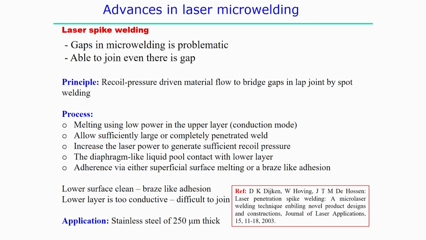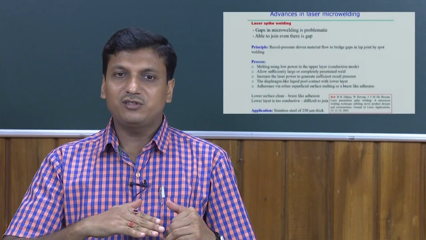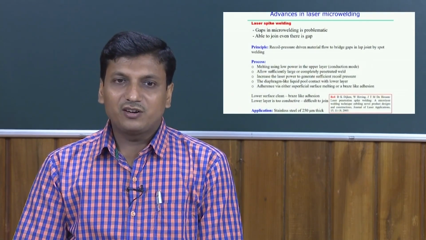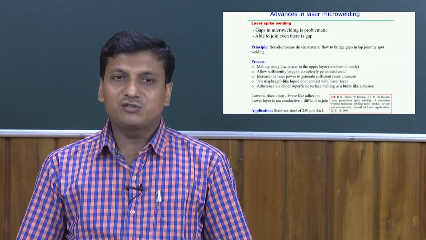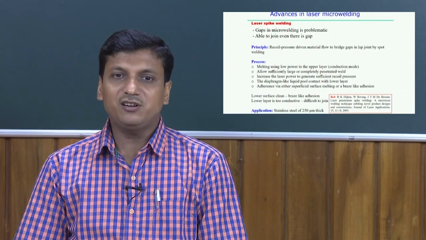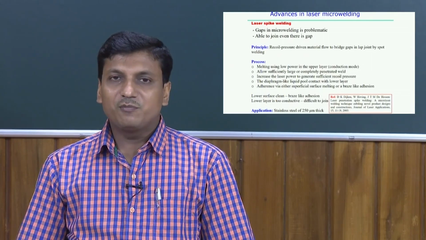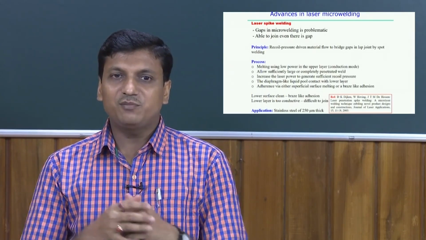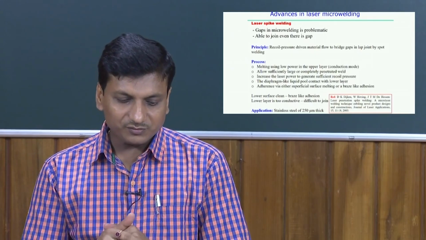That recoil pressure creates a diaphragm like liquid pool that contacts the lower layer. So, even if there is a huge gap between the upper and lower layer, that diaphragm like liquid pool comes in contact with the lower layer. Now the joint can be formed, looking like superficial surface melting or a bridge like adhesive between the two plates.